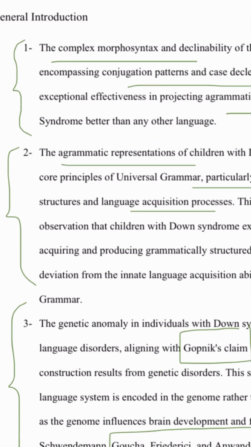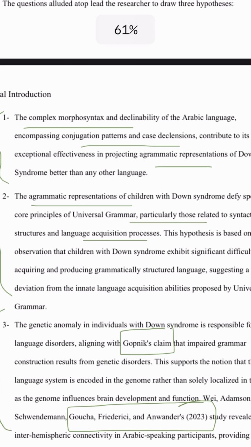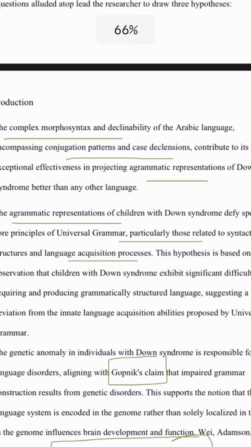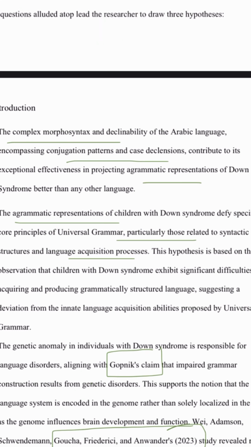Here we are actually providing a clear and well-formulated hypothesis. So we were like, the agrammatic representations of children with DS defy specific core principles of universal grammar. We stopped here in the previous one, right? Now here we are proceeding to state why we think so. So particularly those related to syntactic structures and language acquisition processes.